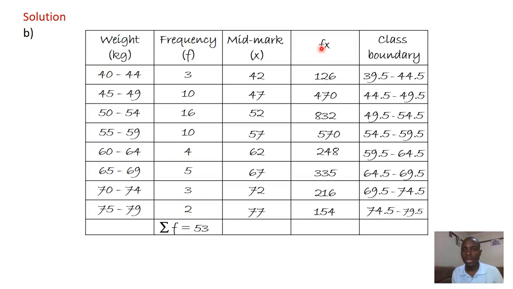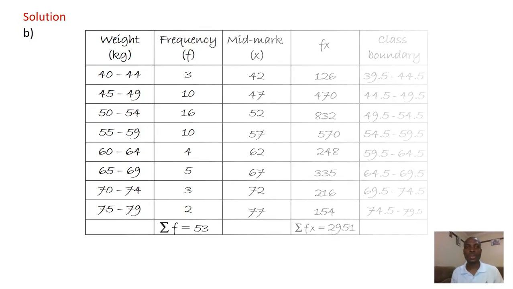We also get the summation of fx. 126 plus 40 plus 470 plus 832 plus 570 plus 248 plus 335 plus 216 plus 154. That gives us 2951. That is the summation of fx.